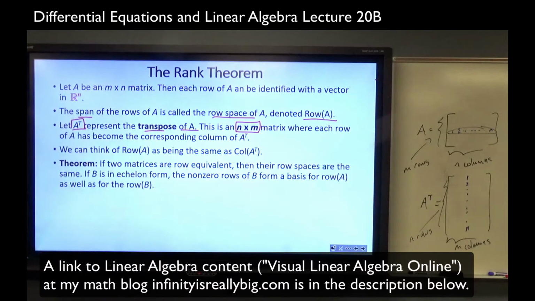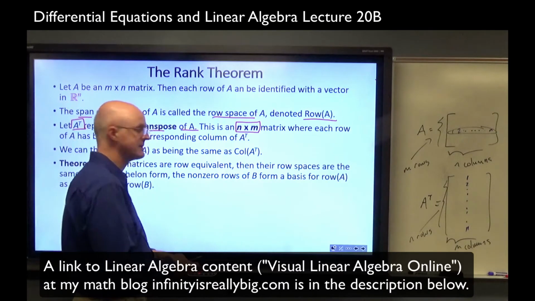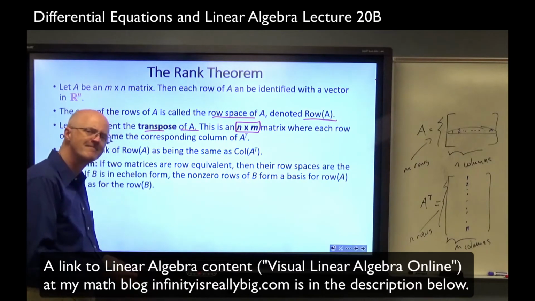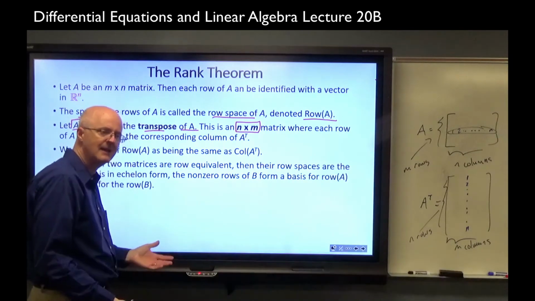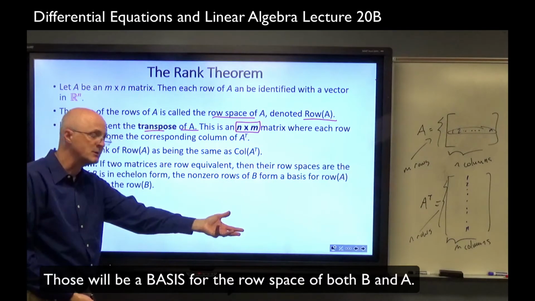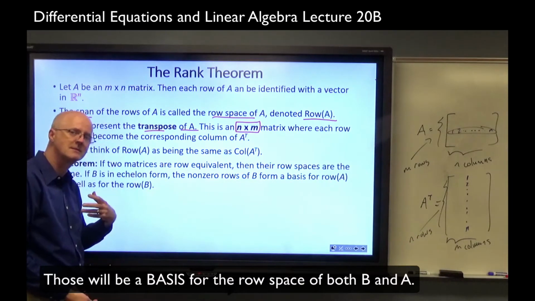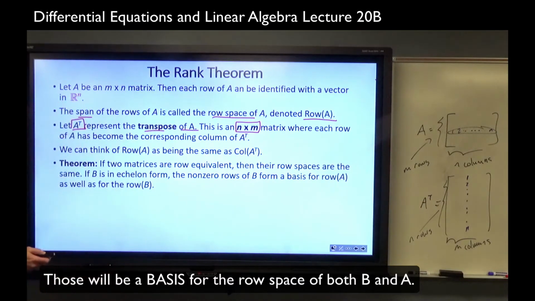Furthermore, if B is an echelon form, or reduced row echelon form for that matter, then the non-zero rows of B, the ones with the pivot position, form a basis for the row space of A as well as the row space of B. That's kind of nice. Just get to your RREF, say, and look at the rows that are non-zero. Those will be a basis for the row space of the reduced matrix, but also the original matrix. Doesn't happen that way with column spaces. Okay, you might remember what we said about that.